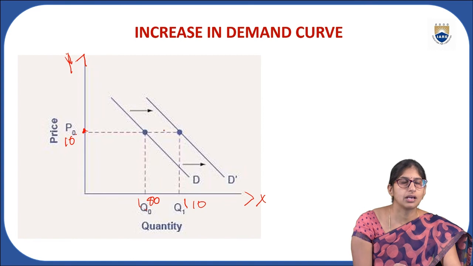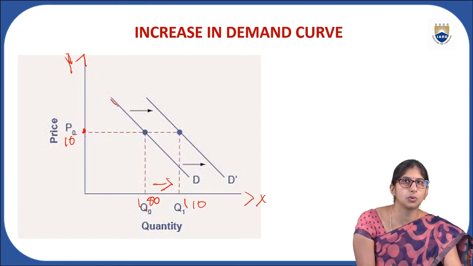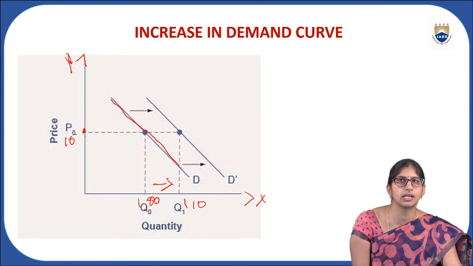So now here, when the price is the same, the quantity demanded has shifted from Q0 to Q1. Our demand curve also shifted from D to the D1 curve.